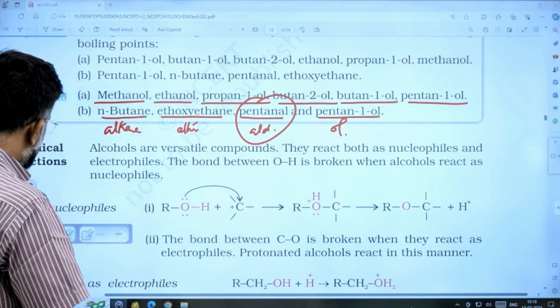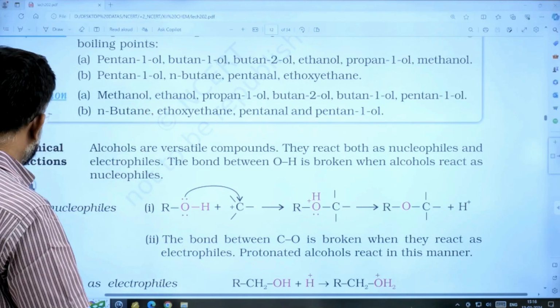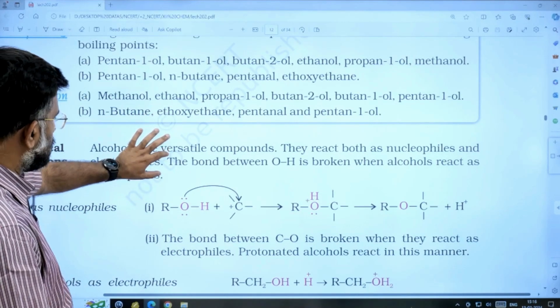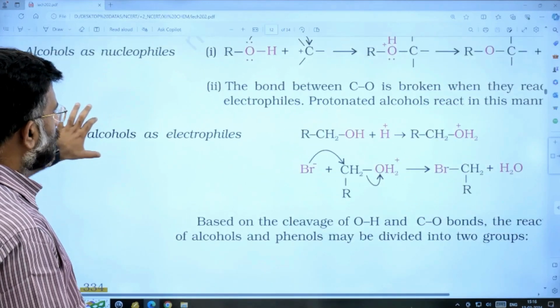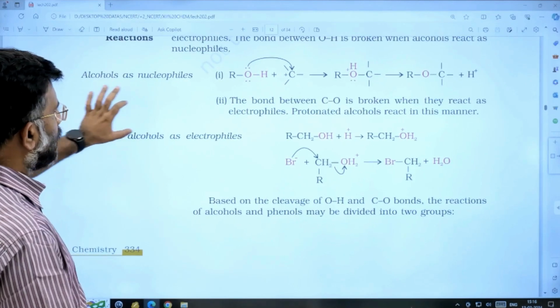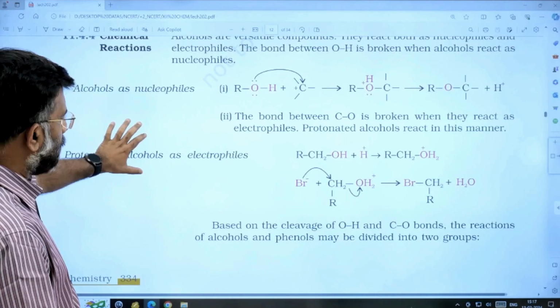Now it is about the chemical properties of alcohols. See, alcohols are giving 2 kinds of reactions in particular.